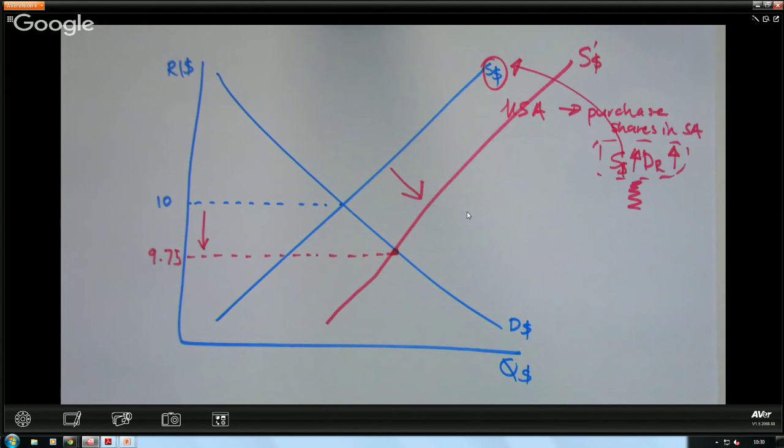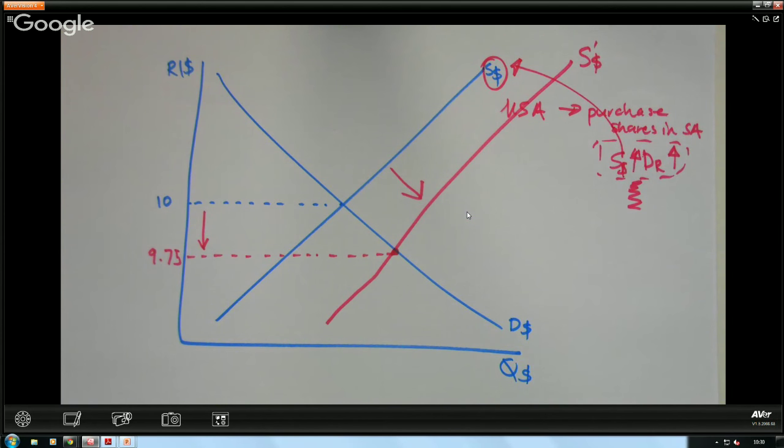So what has been happening to the Rand? Does that transaction depreciate or appreciate the Rand? Appreciate the Rand. Appreciate means less Rand is needed for $1, and more dollar is needed for 1 Rand.